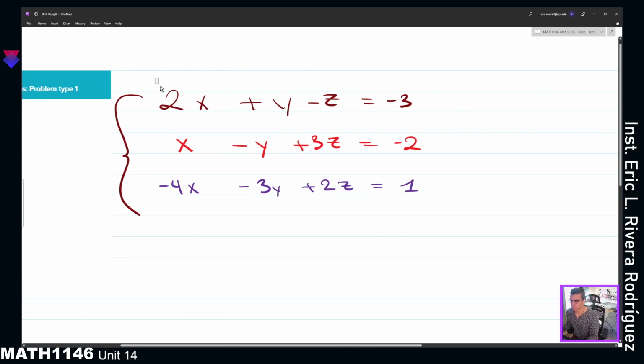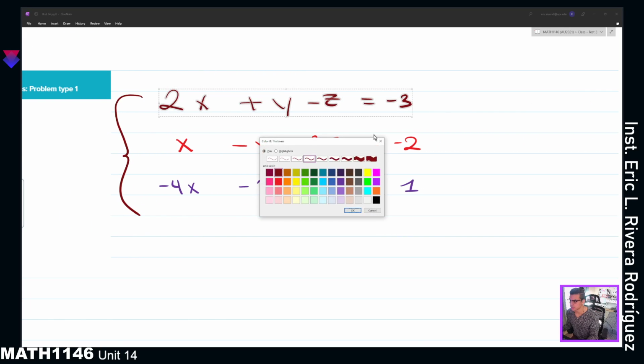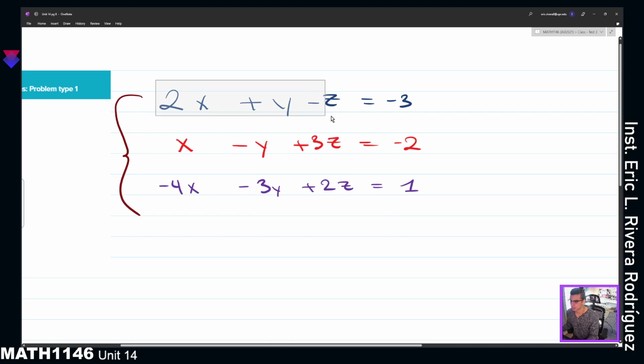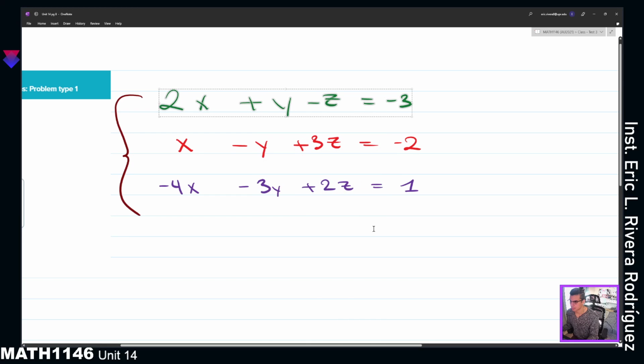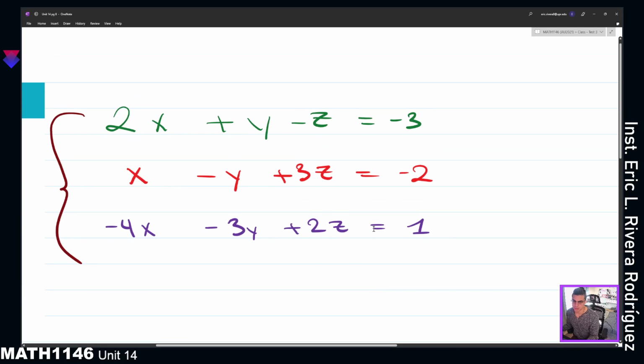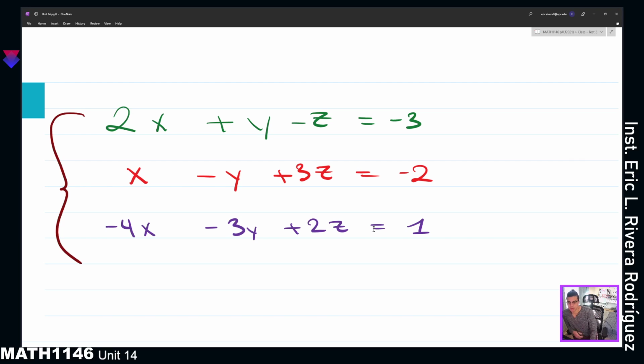All right, so here is our 3x3 system. And this is clearly not a triangular shape. So now I'm going to show you the steps that I follow to turn a 3x3 system that is not a triangular shape into a triangular shape.